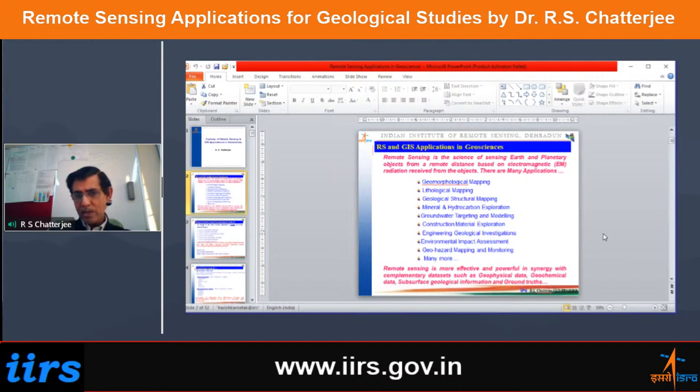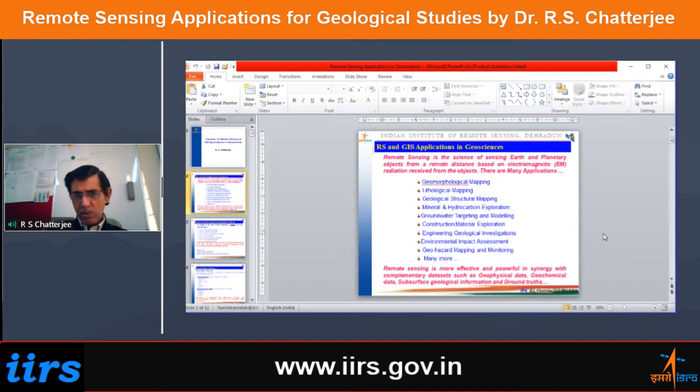They are like mineral and hydrocarbon exploration, groundwater prospecting or groundwater modeling, then construction material exploration, engineering geological investigation, environmental impact assessment, particularly geo-environmental impact assessment, geological hazards mapping, assessment, monitoring, and modeling. And there are many more applications.